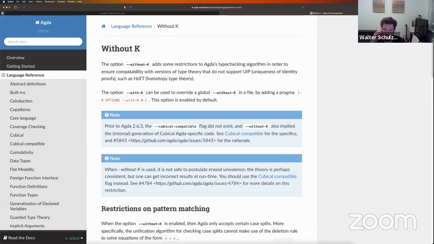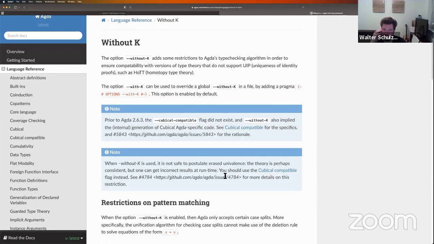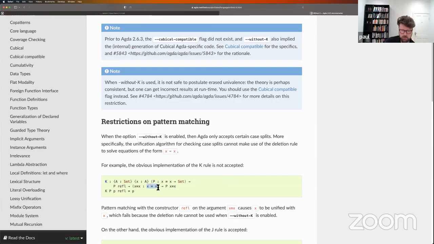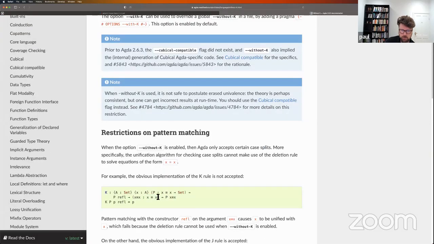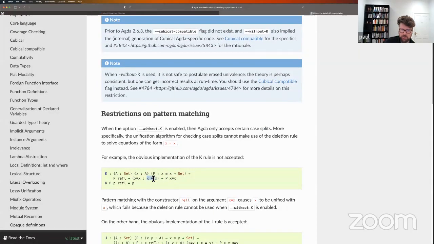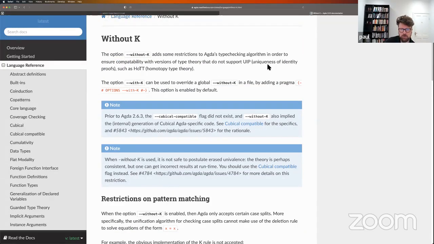Maybe can we take one step back for me? Yeah. What is uniqueness of identity, right? So identity is this here. Yeah. X equals X, and so with K, there's only one inhabitant of this, which is Refl. Okay. So in this one, you can pattern match on Refl. Mm-hmm. And there's only one. So yeah, I think that's what this means.